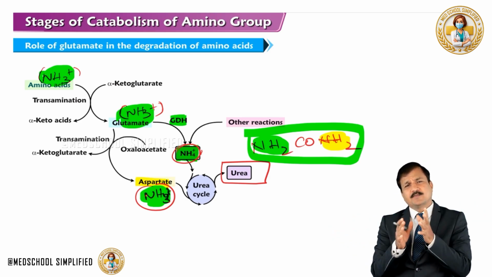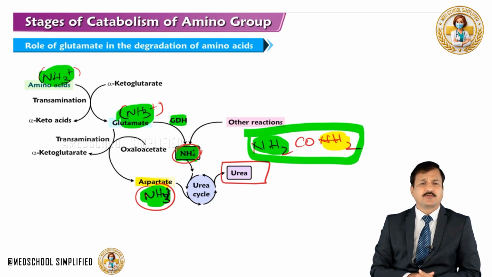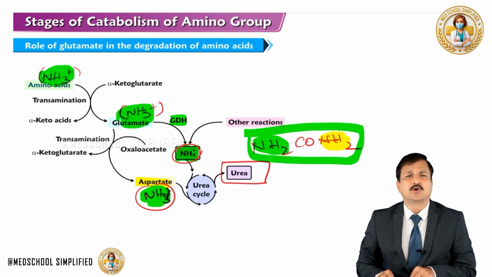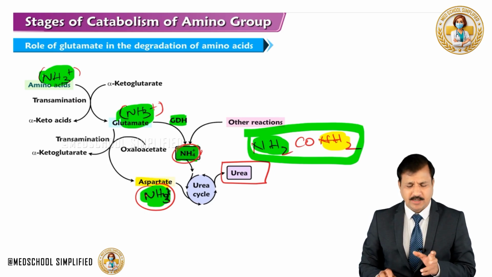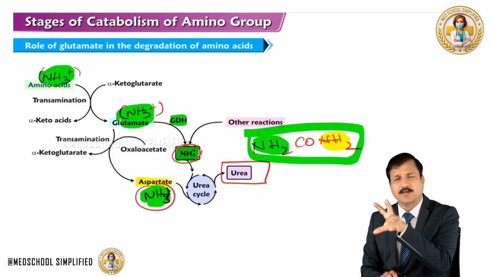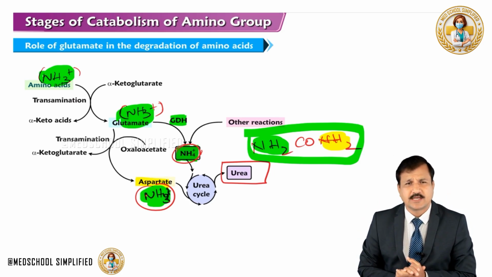So both of them are needed for the urea cycle, and urea is made, which is NH2CONH2. So this is how the amino group is transferred from one amino acid to another amino acid, and that amino acid is glutamate, and glutamate has two fates which will transfer those amino groups to the urea cycle.